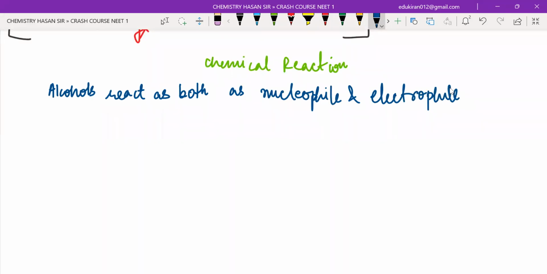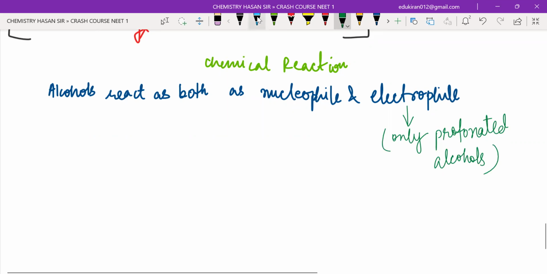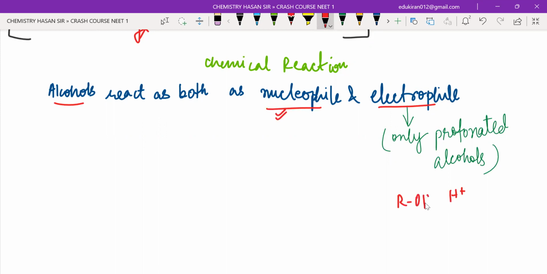To act as an electrophile, only protonated alcohols do. First of all, you need to take care of this. This alcohol can act as nucleophile and electrophile. Generally, it acts as a nucleophile, but when you react an alcohol with a proton, then it will be acting as an electrophile. Is that clear?